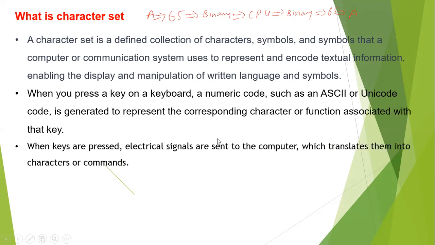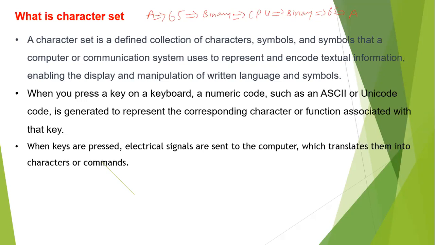Now see, when keys are pressed, electrical signals are sent to the computer, which translates them into a character or command. So whenever you press a key, an electrical signal is generated.